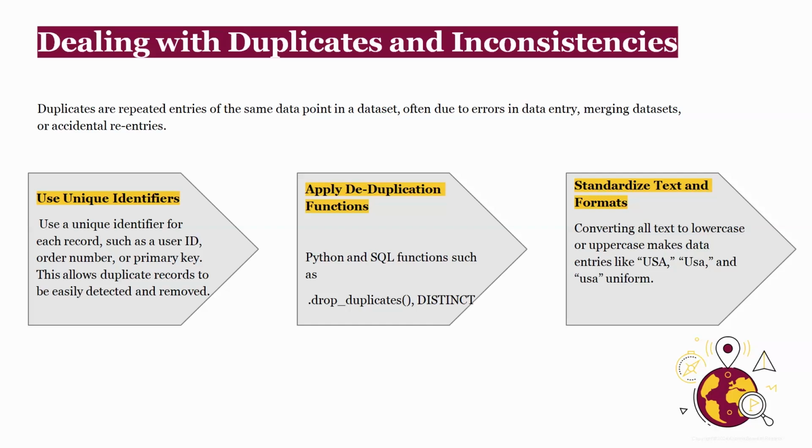And in order to deal with inconsistencies, let's say USA in caps or small, sometimes it's even represented as US. We need to standardize it to an easier format such that it's readable as well as standard everywhere throughout the entire document.